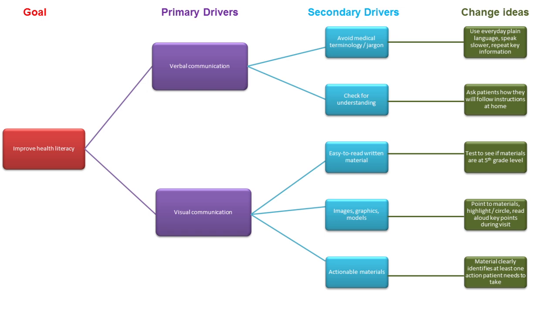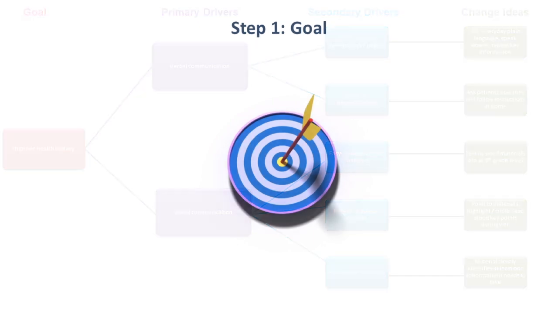Test materials that are used with patients to see if they are at least at a 5th grade reading level. Highlight, circle, or read aloud key points in educational materials used with patients. Another change idea is that the educational material provided clearly identifies at least one action that the patient needs to take.